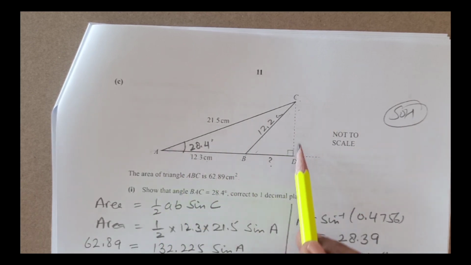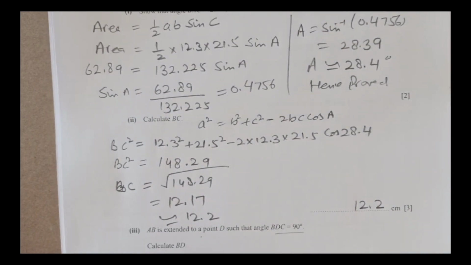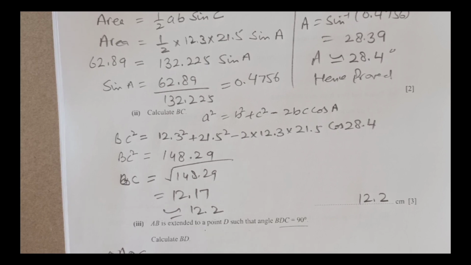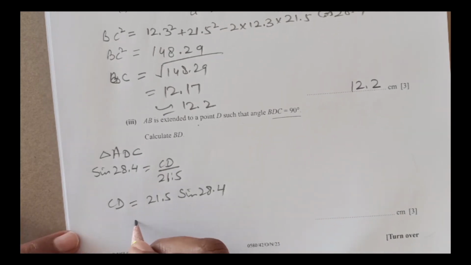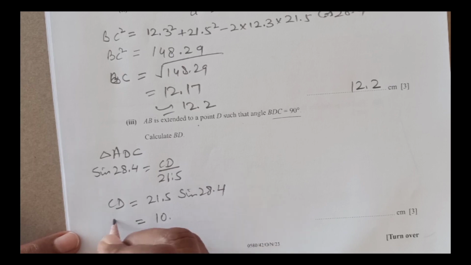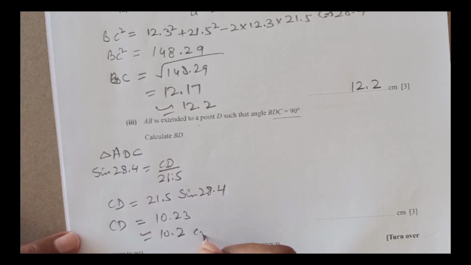We are taking this triangle, so that's going to be CD over 21.5. From here CD is equal to 21.5 times sine of 28.4, right? Once you calculate, CD is 10.23. Approximately, taking it to 3 significant figures, 10.2 centimeters.